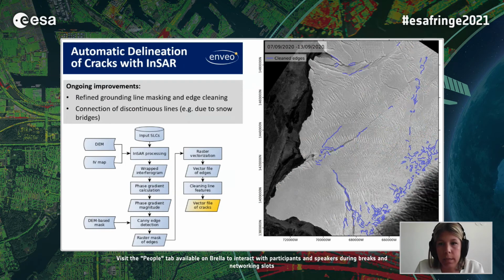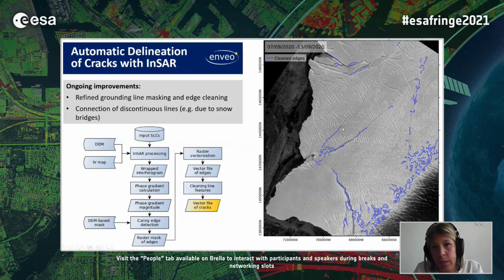For this purpose, we mask whatever is above the grounding line, because we know that the rifting activity is limited to the ice shelf, and the grounding zone is a zone where you can have a lot of crevasses, which are also detected by the phase gradient magnitude edge detection. We want to avoid that as much as we can. In the end, the detected edges are vectorized and cleaned of small curvy lines to have a vector file of the cracks. That's the kind of result that we can achieve here on the right.